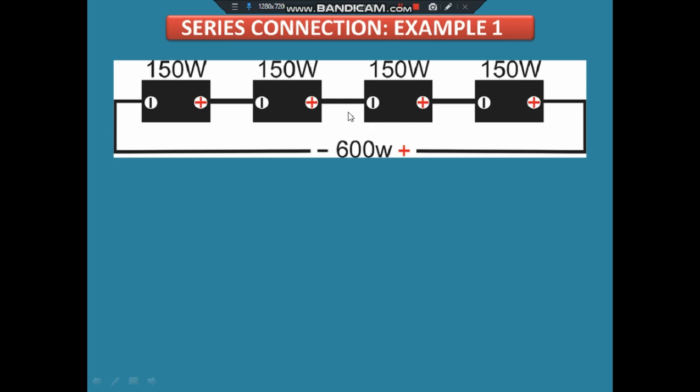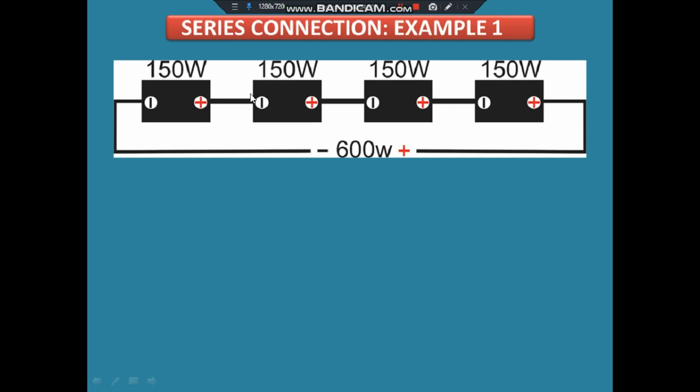Assuming this is the positive terminal and this is the negative terminal of this panel, you connect the positive probe of this panel to the negative probe of the other panel, and so on. At the end of the day, you will have the positive probe remaining here and the negative probe remaining here. What you have actually achieved now is a series connection.